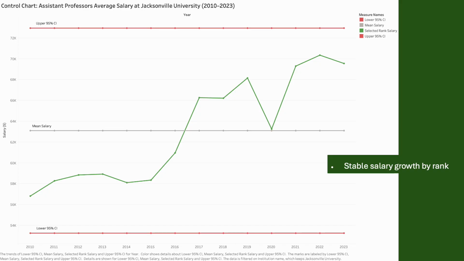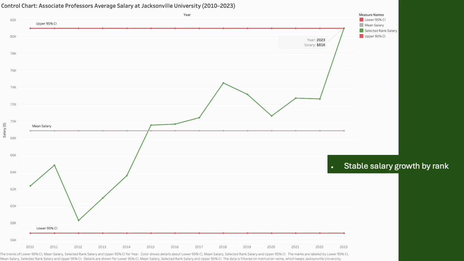You can see this here for assistant professors, where the mean salary is shown by this gray line, and the lower bound and upper bound 95% confidence intervals are shown. It stays within that range. And here for associate professors.